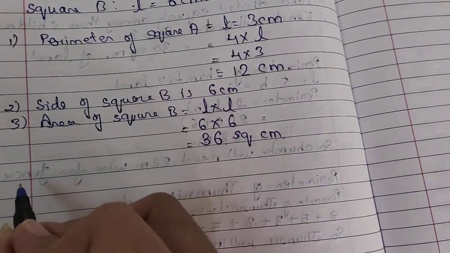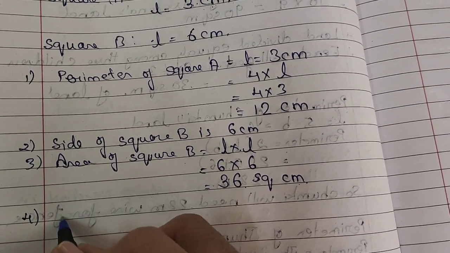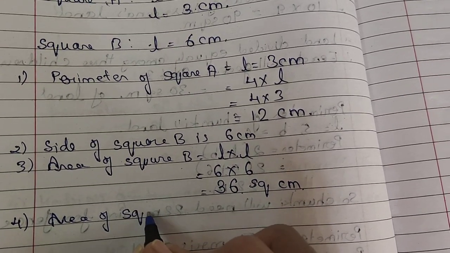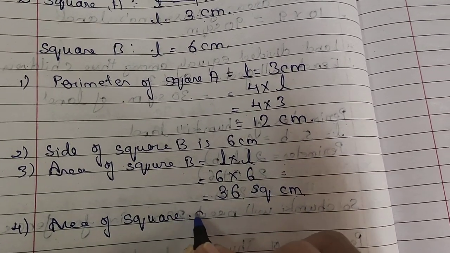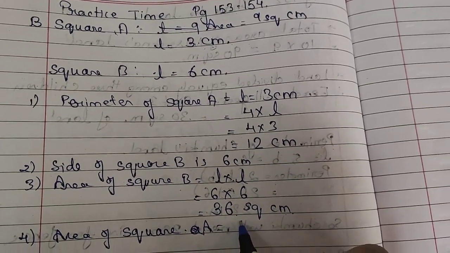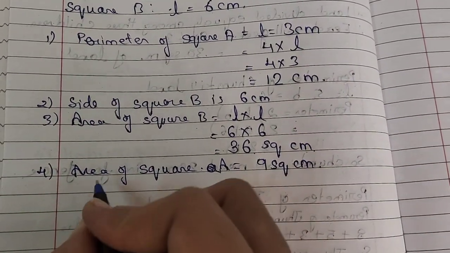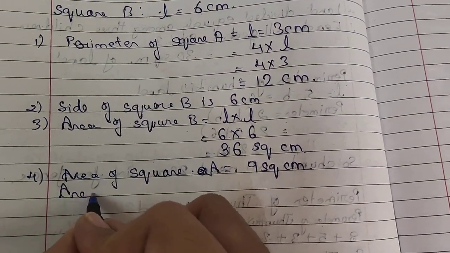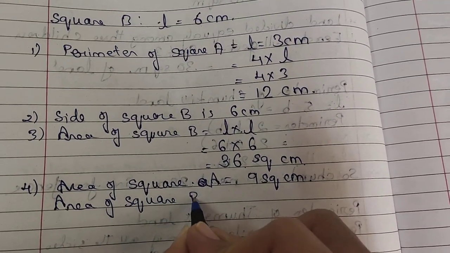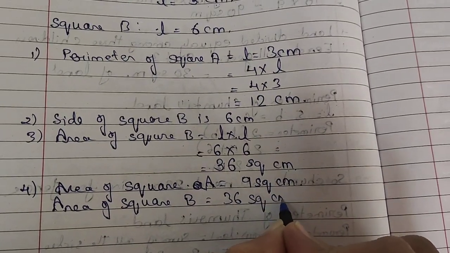Now we will find the fourth one. First of all, we write down area of square A is equal to 9 square centimeter. Now next, area of square B is 36 square centimeter.